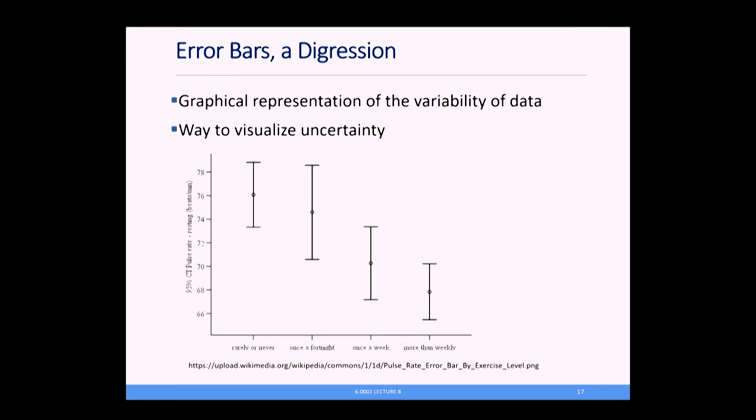This is plotting pulse rate against how much exercise you do, or how frequently you exercise. And what you can see here is there's definitely a downward trend, suggesting that the more you exercise, the lower your average resting pulse. That's probably worth knowing. And these error bars give us the 95% confidence intervals for different subpopulations.